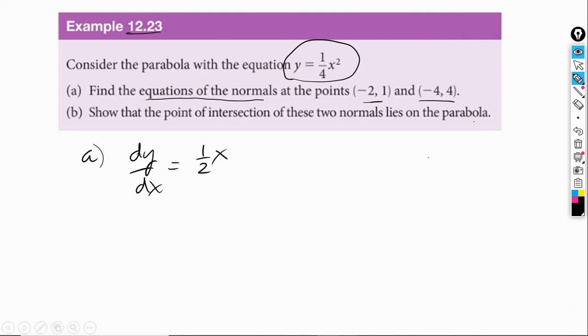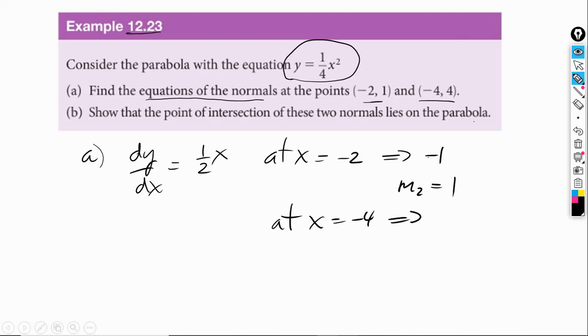Okay, so that implies that at x equals -2, the slope of the tangent is going to be -1. Therefore, the slope of the normal is 1. And then at the other point, at x equals -4, the slope of the tangent would equal -2. Therefore, the slope of the normal is 1/2.